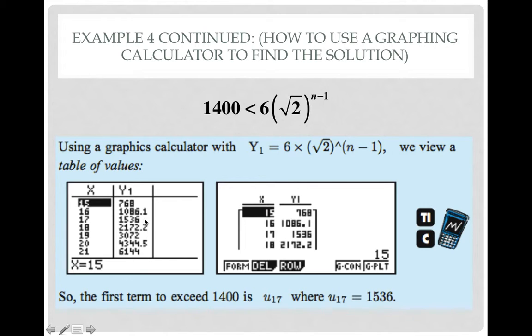And the other way that you could do this is you could type this in as y1, and type this in as y2, graph both of them, and find the intersection point. That'll give you the exact n value. So it looks like n would be somewhere between 16 and 17, maybe like 16.4 or something like that. And then we know that the next whole number bigger than that would be 17. That would give us our answer. So you could do that either way.